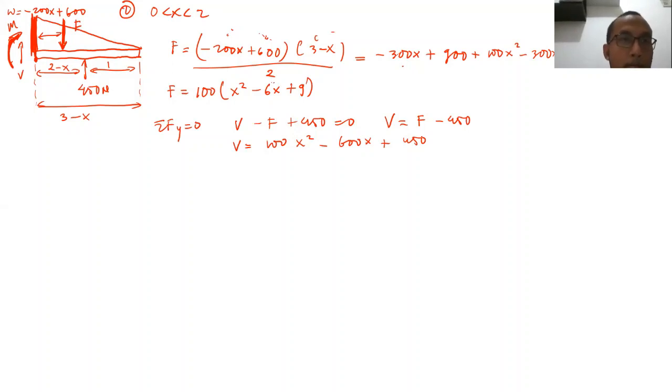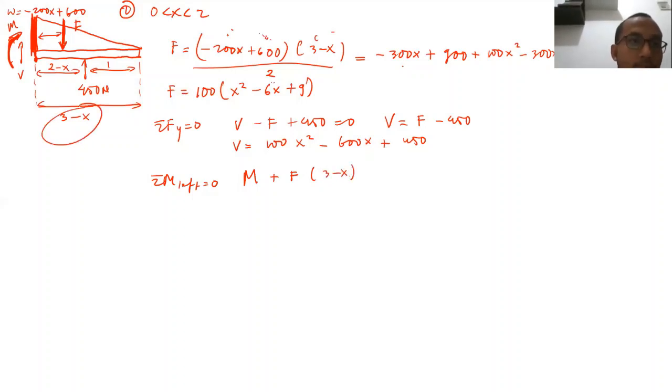And then using sigma moment on the left equal to 0, we will be able to find the internal moment. If clockwise is positive, what we will have is M plus F multiplied by the length divided by 3, in this case, 3 minus x, the total length divided by 3.